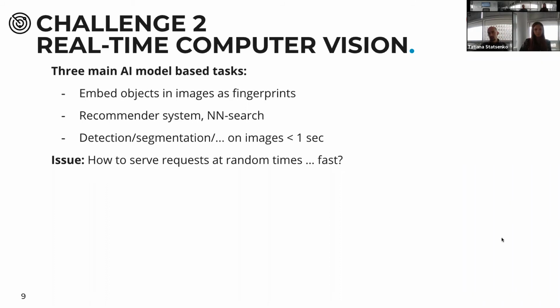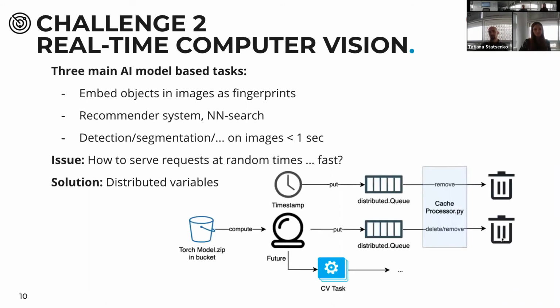What we needed to do is to use distributed variables to control the cache lifetime of the future explicitly. So imagine a model is anything between 20 and 500 megabytes. That alone takes 2-3 seconds to load. It can also fail to load because of I/O errors.